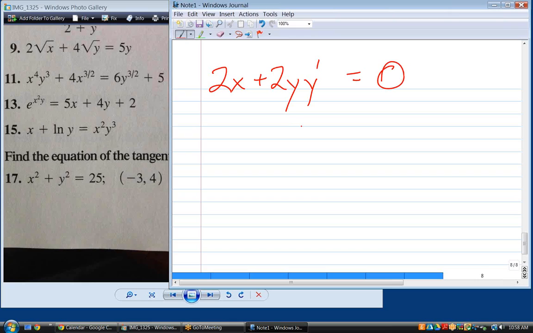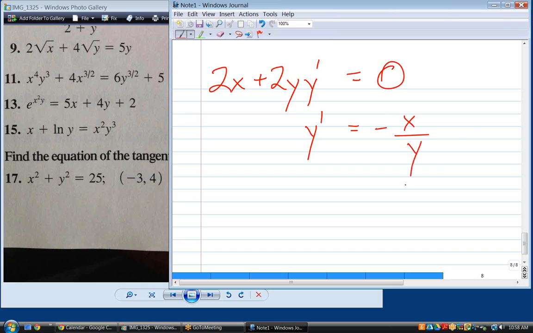Okay, solve for y prime. Let's see, would it be negative 2x divided by 2y? Which means negative x divided by y.